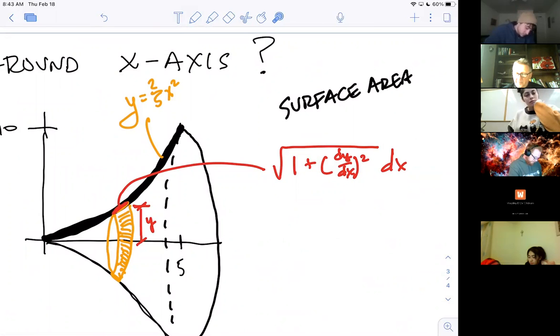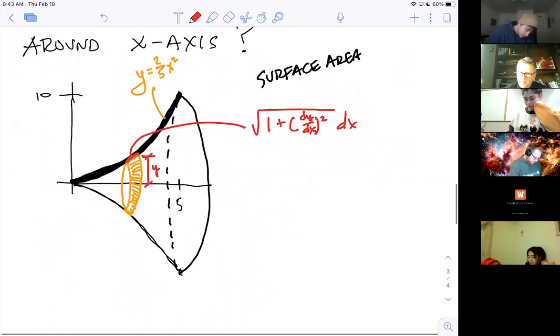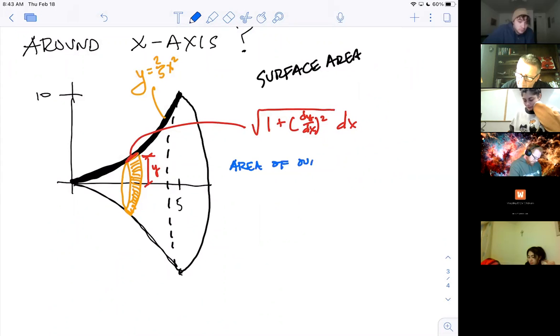And then to get the circumference, don't forget it's 2 times pi times radius. And so it's kind of like the same formula. So the area, I don't know what to call this thing. I'm going to call it a stripe, a strip.